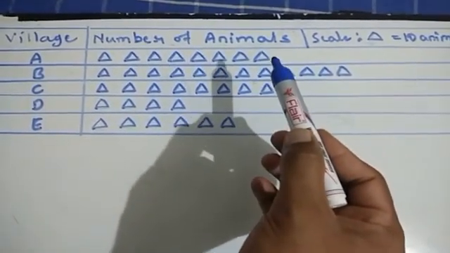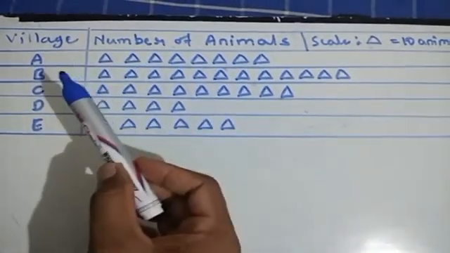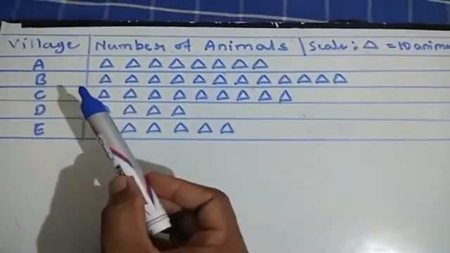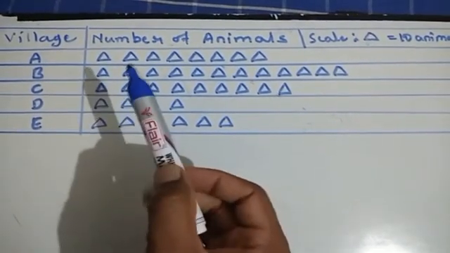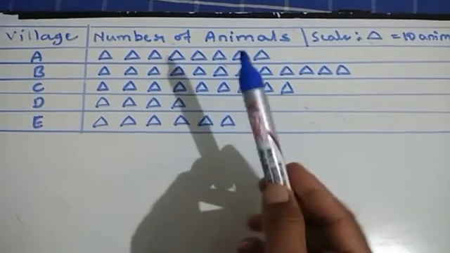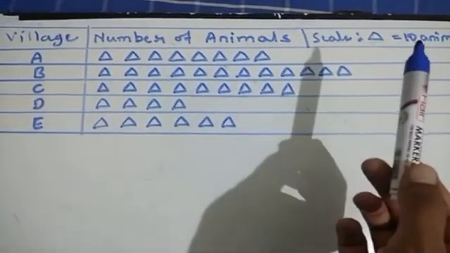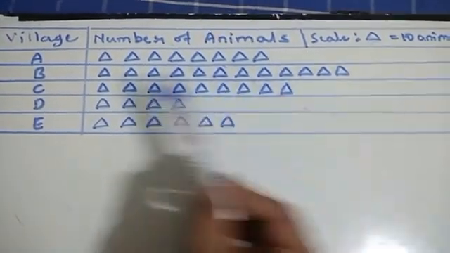In the same way, in village B, we have 120 animals. To get the number of triangles, we divide 120 by 10. We get 12. So draw 12 triangles here.